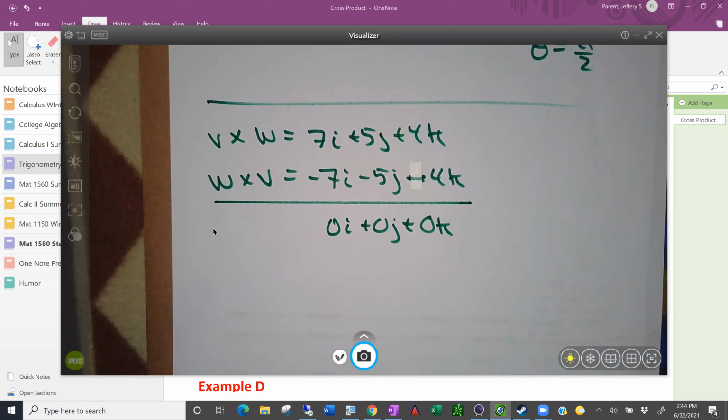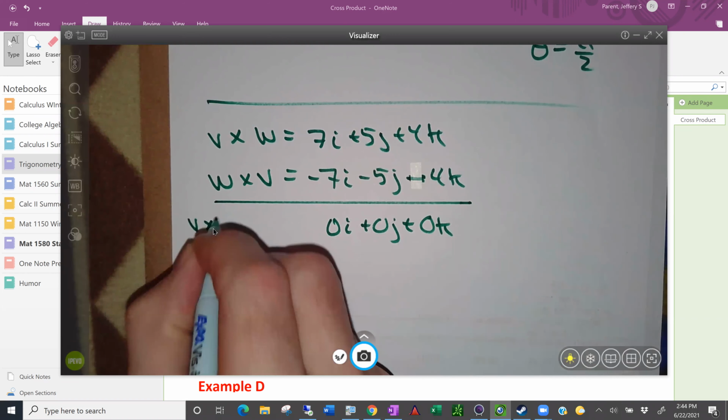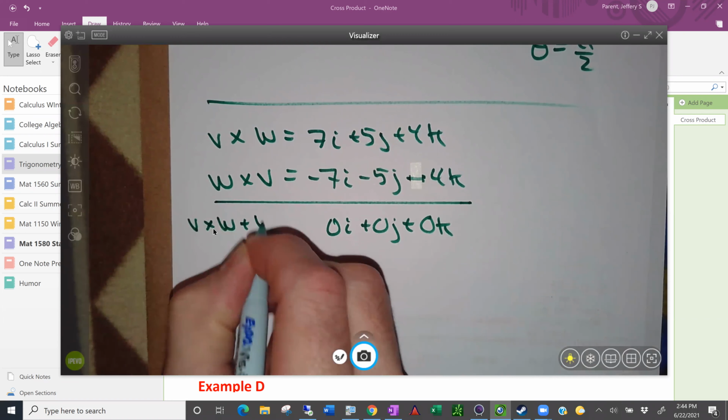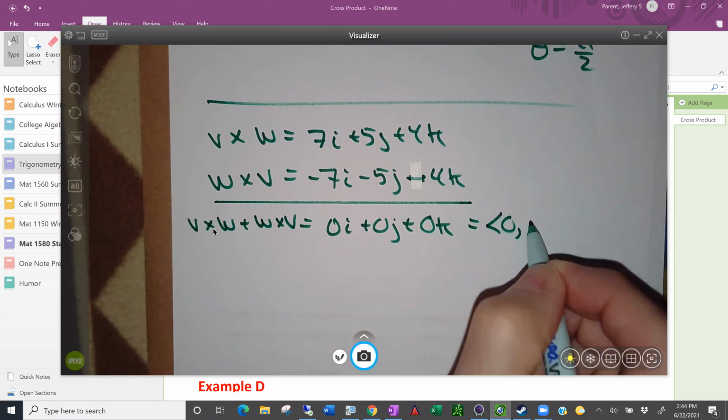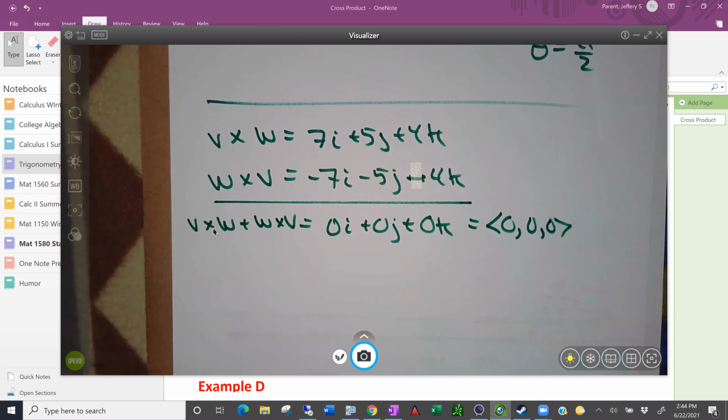Let's see. So V cross W plus W cross V is 0. Nice. All right. Now there's some more we can get out of this example as well.